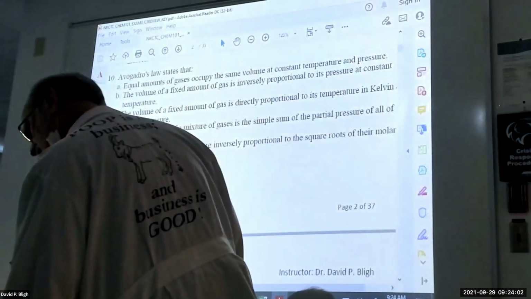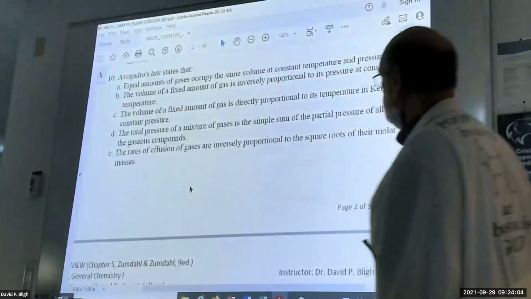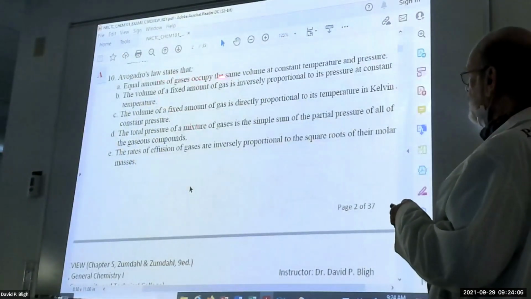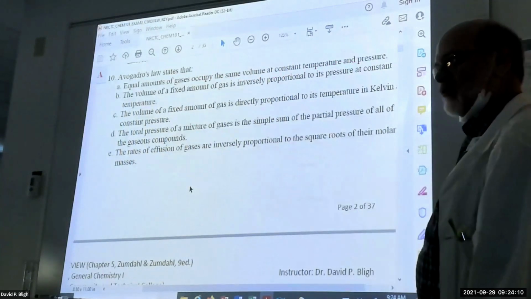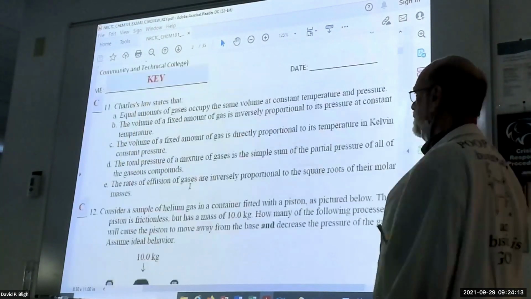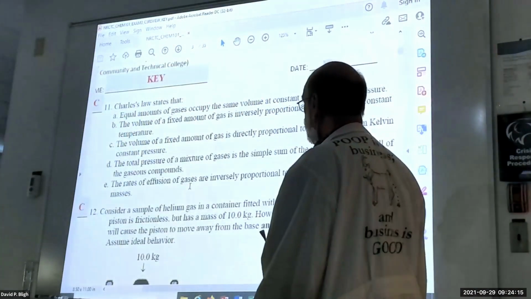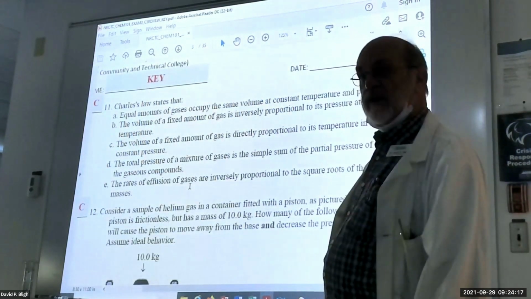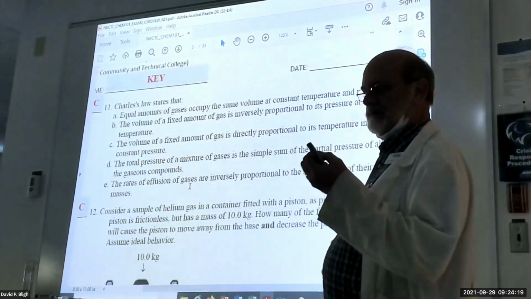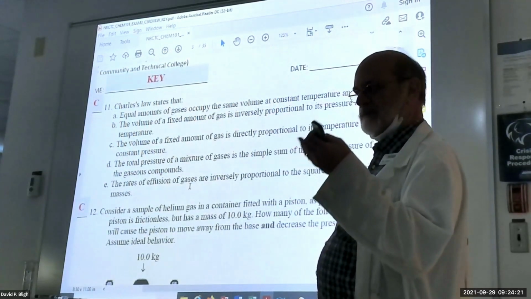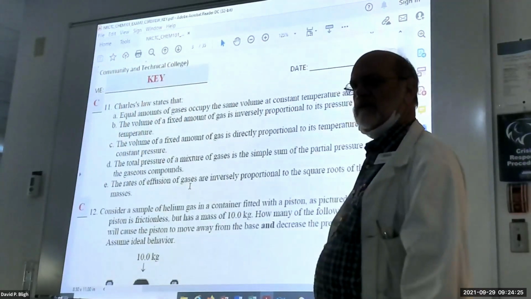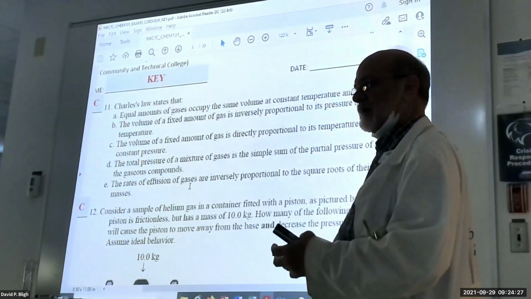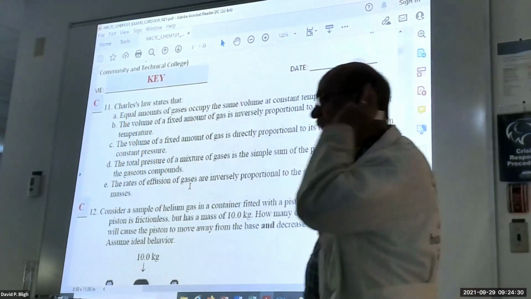Okay. We just looked at Avogadro. Equal amounts of gas occupy the same volume at constant temperature and pressure. So we don't need to dwell on that one. How about Charles' law? What two variables do we have there? Volume, temperature. Okay.